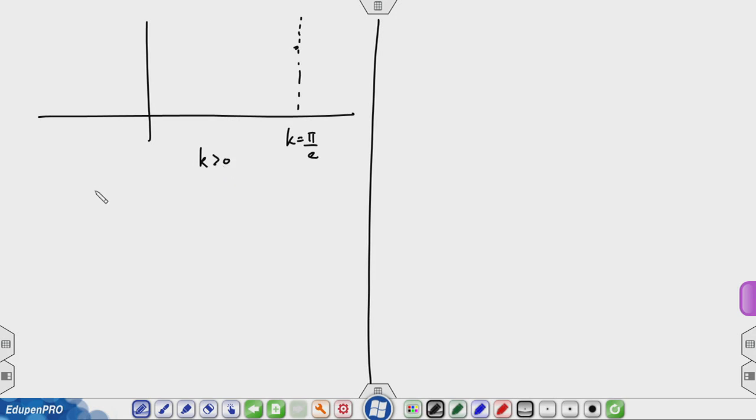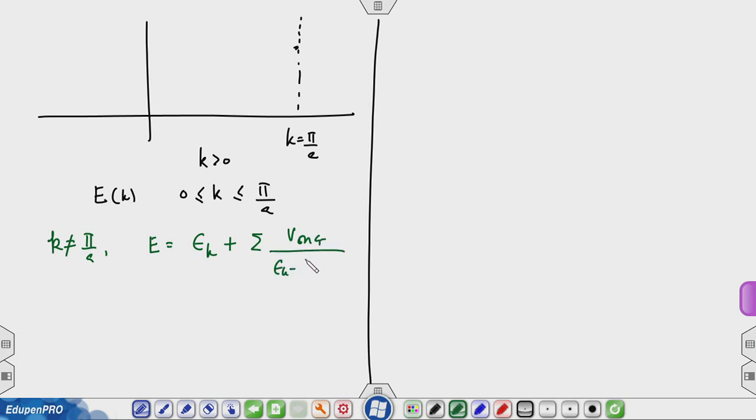So, if I were to calculate E(k) for k between 0 and pi by a, what you see is that if k is not equal to pi by a, I get energy equals epsilon_k plus the summation of |V_ng|^2 over E_k minus E_(k plus ng), summed over n.